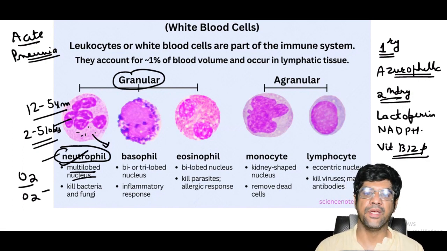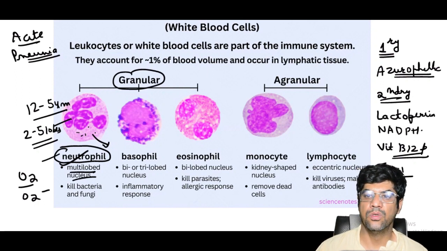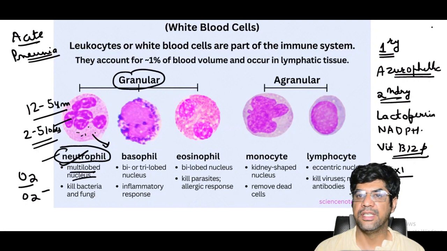Now, what would be the variation in neutrophil morphology? First of all, you can see toxic granules, like in bacterial infection. You can see vacuoles, cytoplasmic vacuoles, or you can see Dohle bodies.